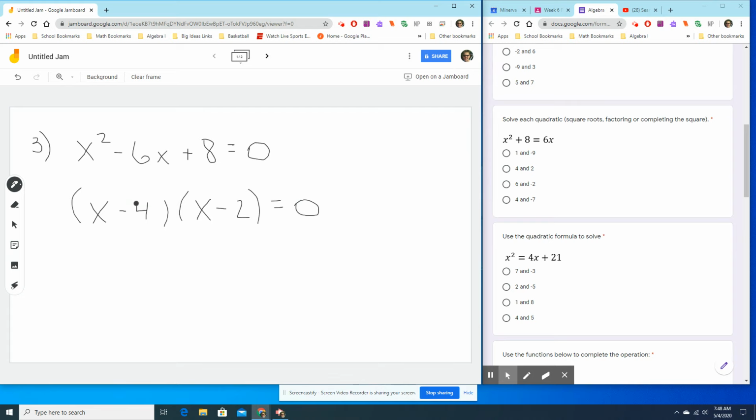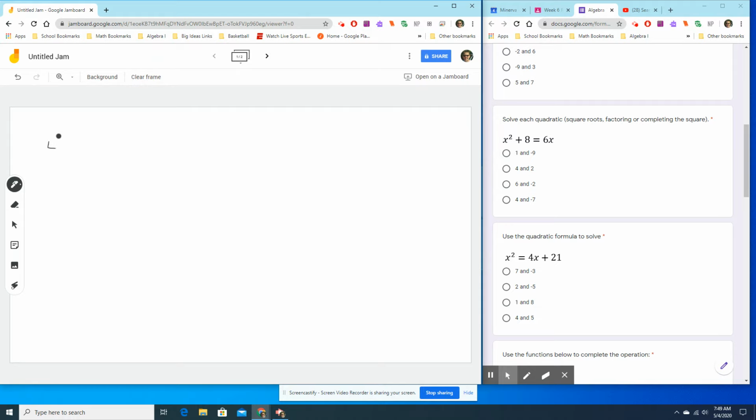And that's going to be, this side's going to be 4, and this side's going to be 2. So x equals 4 and x equals 2. Okay. And if it asks for the intercepts, this would be (4, 0) and (2, 0). All right, let's keep rolling.